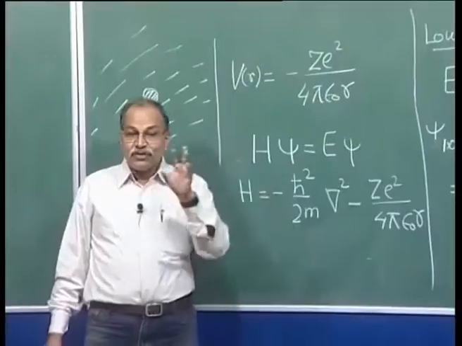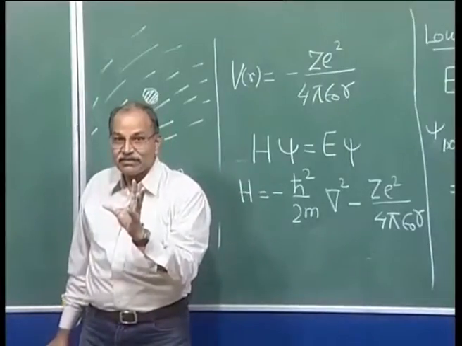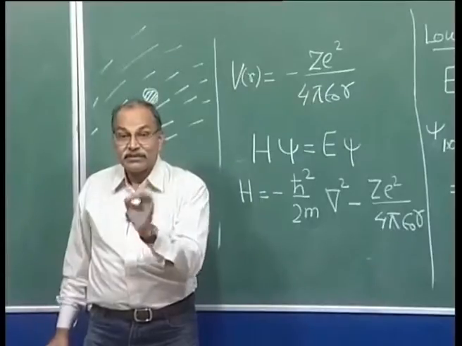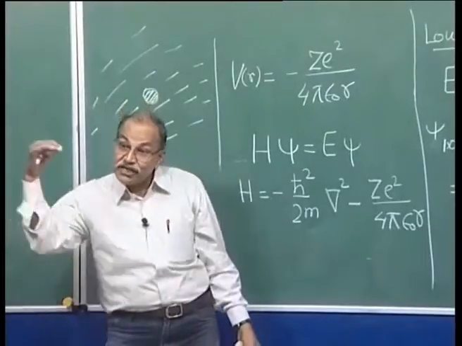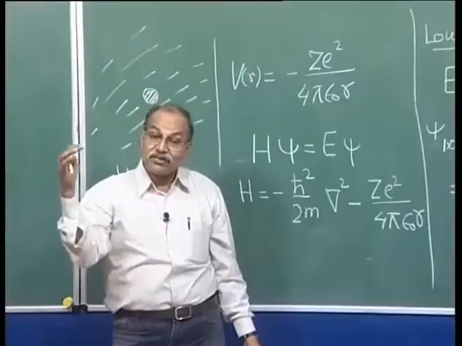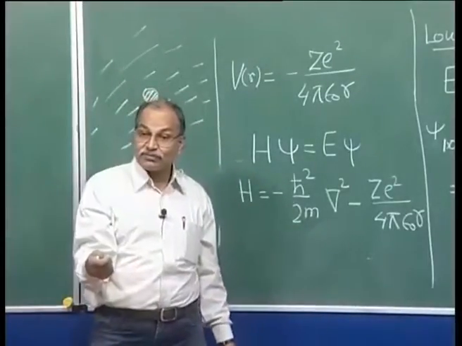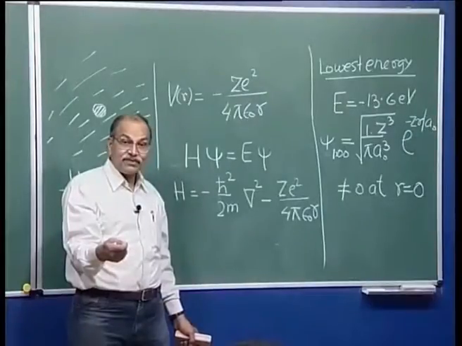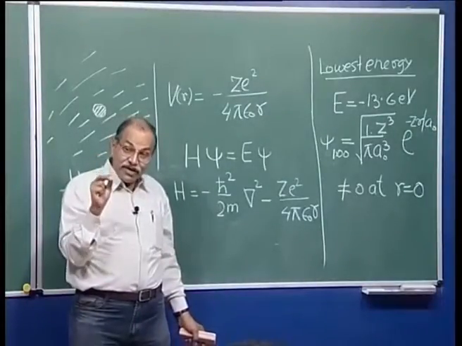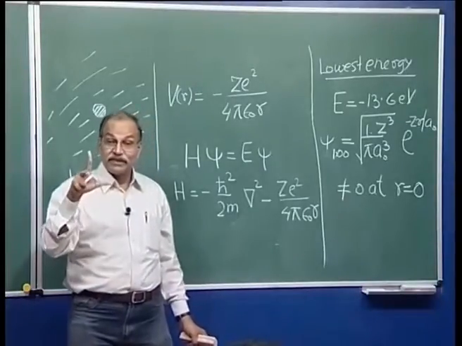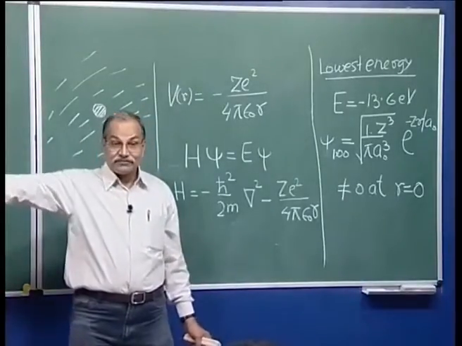But if the nucleus has a radius, like a sphere, not a point, and the electron is penetrating in there, going close to r equal to 0, then whether it is a point, a small sphere, or a big sphere is going to affect the energy.